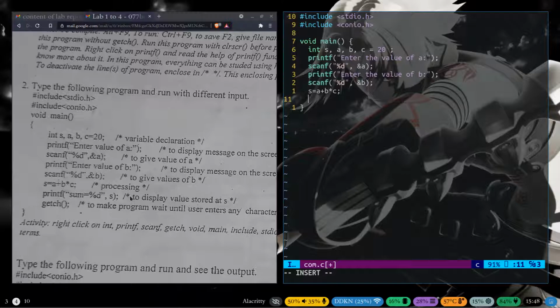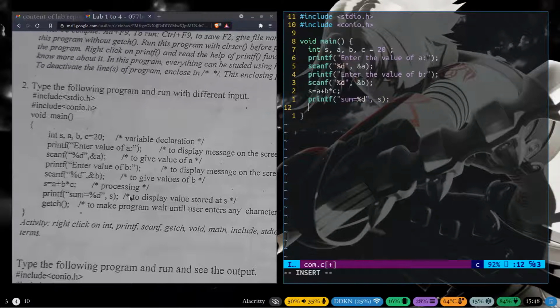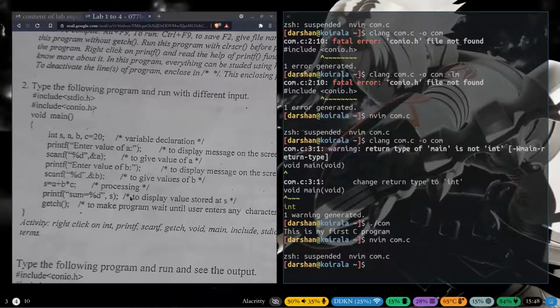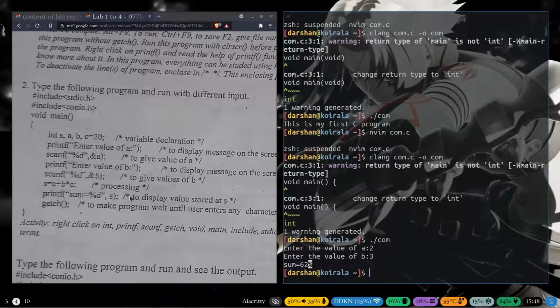Processing. Printf sum is equal to d. getchar. So I just do not need that thing. Alright, so clang, warning is generated. 362. What the heck is happening?